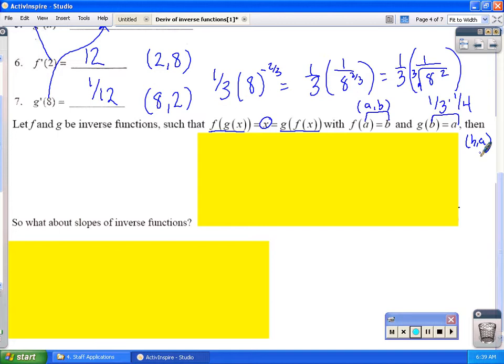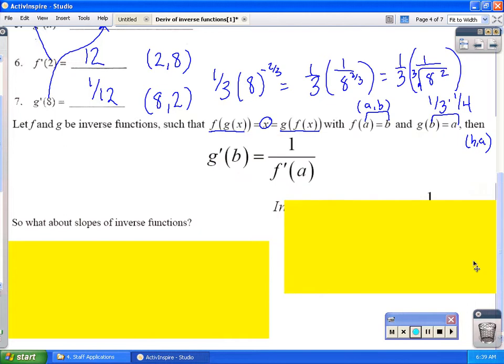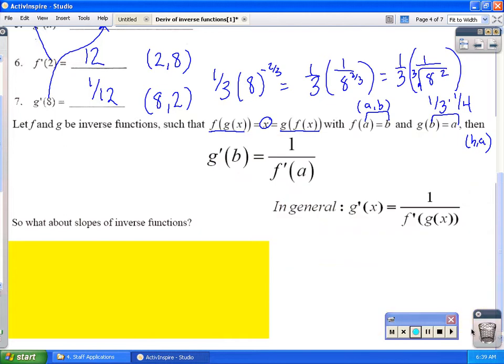The derivative, as we just discovered, symbolically says if AB is the partner point to BA on inverse functions, again, we're stating that they will have reciprocal slopes. So the derivative of the inverse at B is equal to 1 over the derivative of the original function at A. So there's that reciprocal relationship.